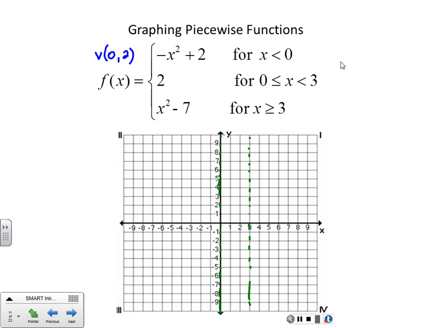So the vertex is going to be here. But x cannot be equal to 0, so we remember if it can't be equal to 0, you have to use an open circle. Do you remember that? And I also know that this parabola is going to go up or down. It's going to go down.